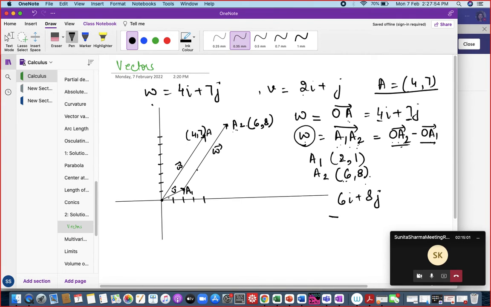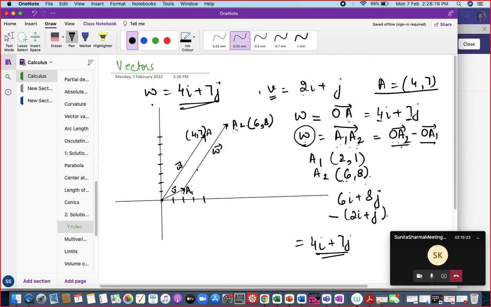And OA1 is given by this vector, the same as V, so that is 2i plus 3j. When you take the difference, what do you get? 4i plus 7j.